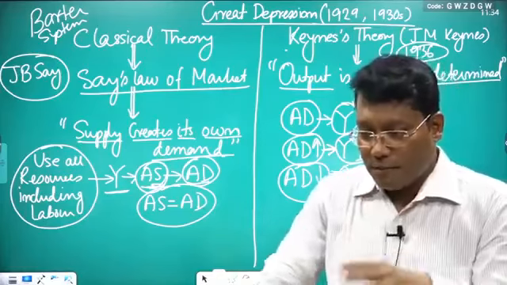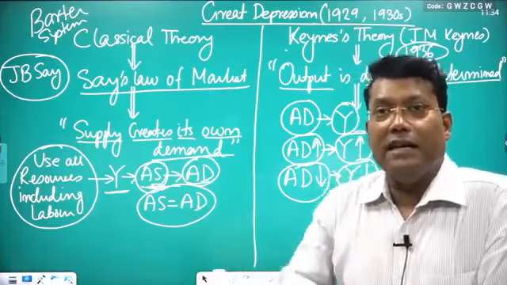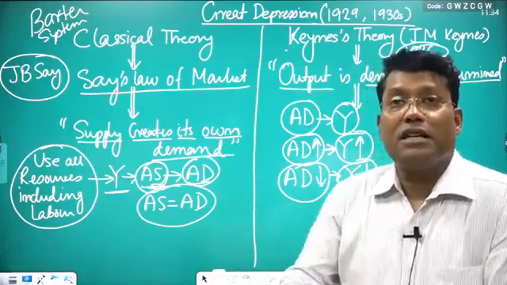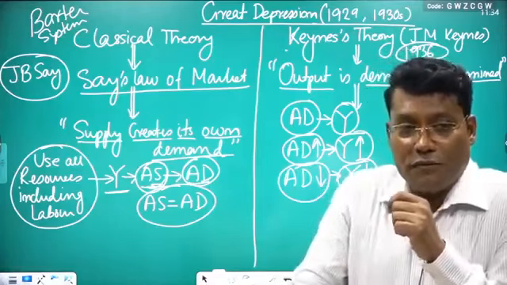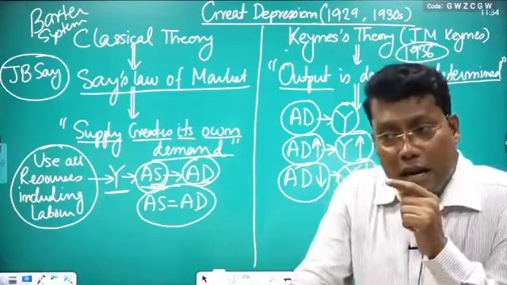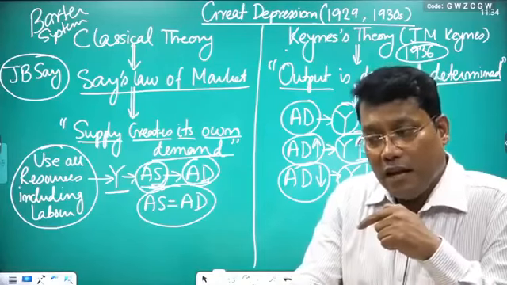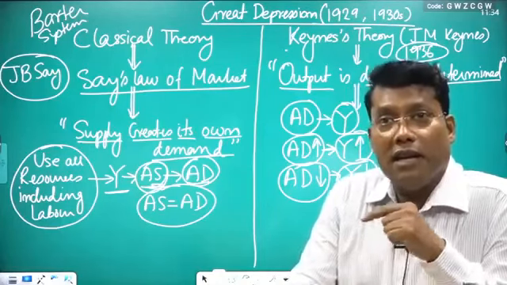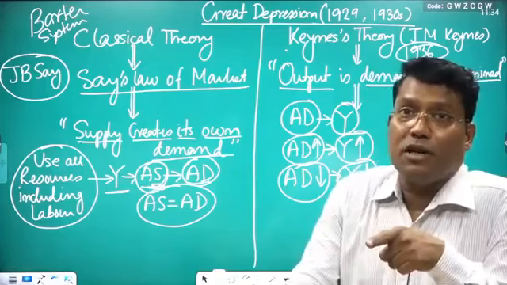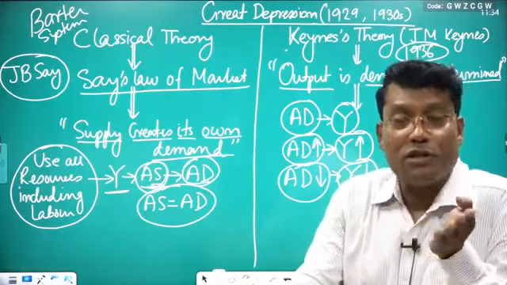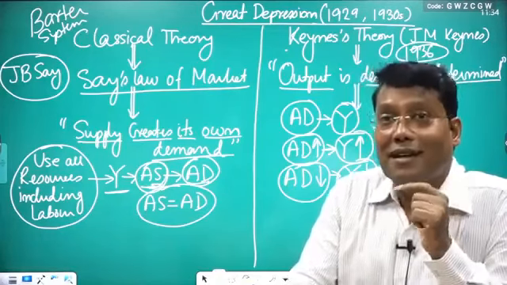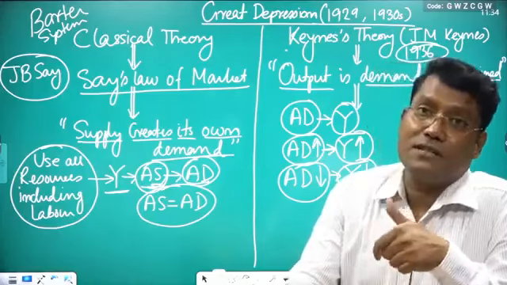Because in a barter system, suppose I have a limited land area, I produce say rice. After production of rice, I will keep a part of the rice for self consumption, and the rest I will exchange with other products that other producers are producing, because rice cannot give all satisfactions.